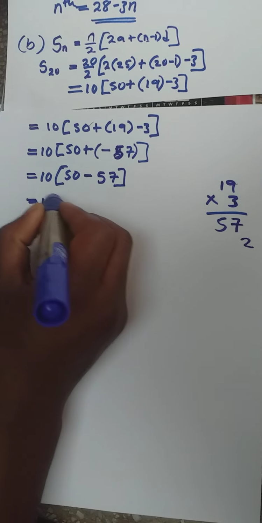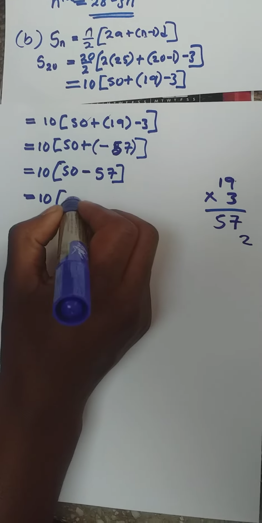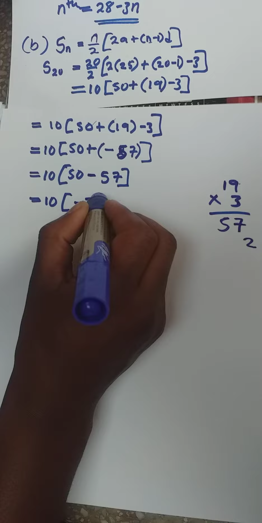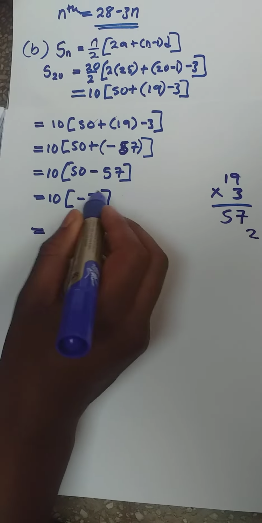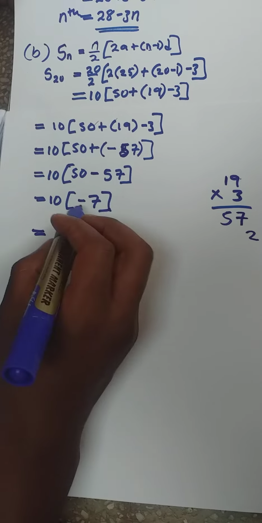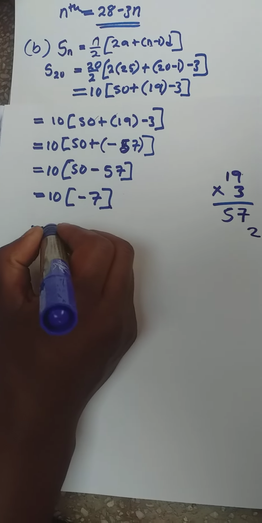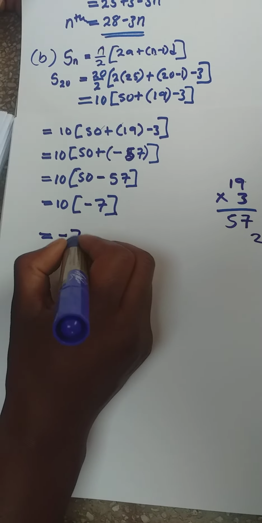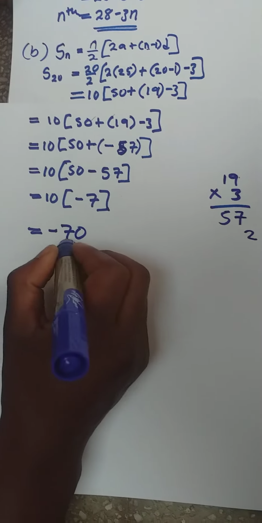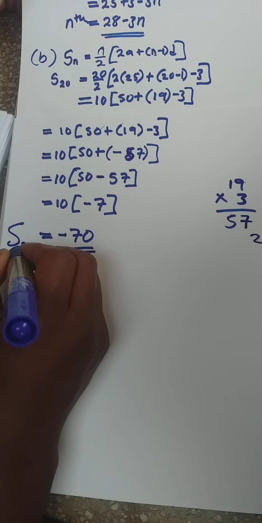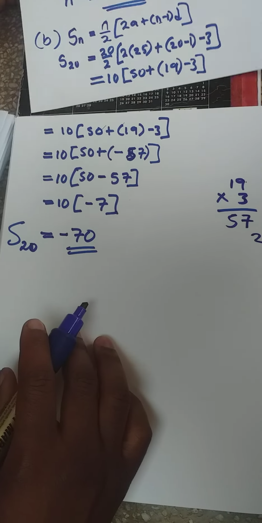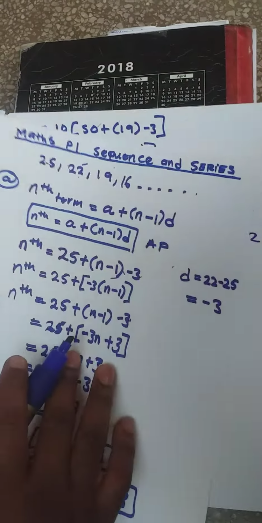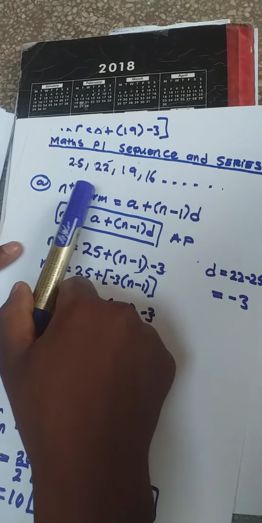So this is 10. 50 minus 57, we get negative 7. Then 10 times the negative 7, we get negative 70. Okay, so this is the sum of the first 20 terms, and it's correct and makes a lot of sense, because if you look at our sequence here, it's a decreasing one.